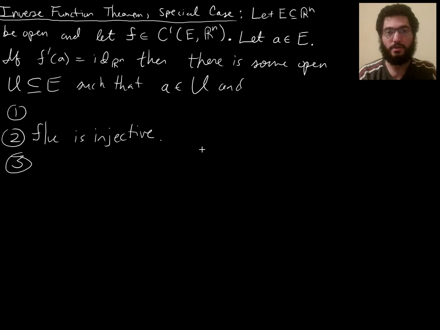Then you would say F is locally invertible. Locally invertible, meaning at every point there's some neighborhood U of that point where F is invertible on that neighborhood.